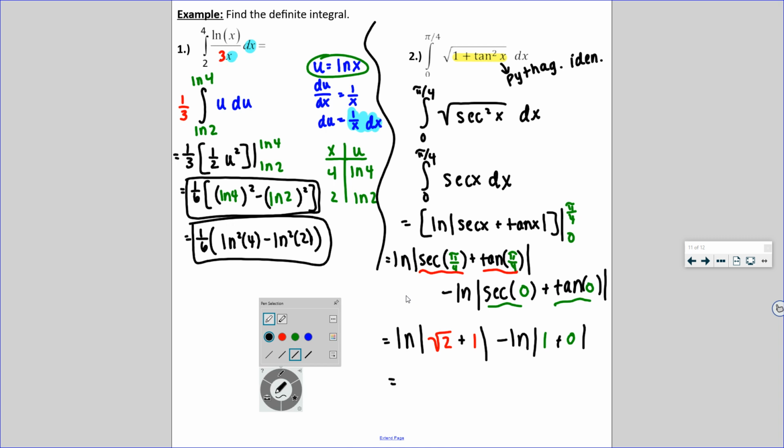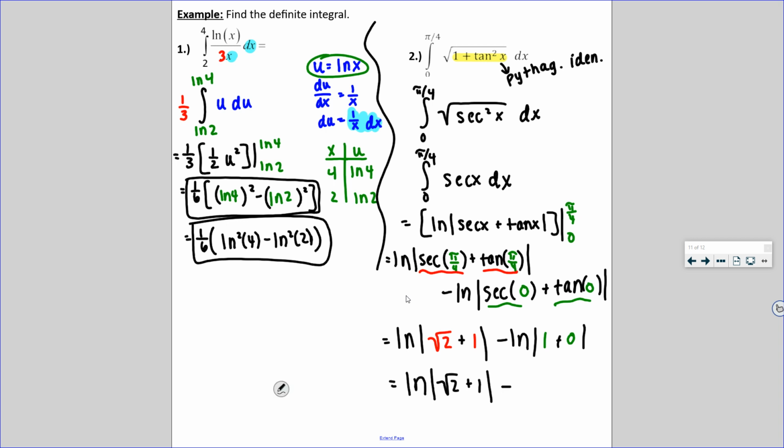So we would get the natural log of root 2 plus 1 minus the natural log of 1, which is just 0. So it actually just ends up being this. And we can drop these absolute values and replace them with parentheses if we want, because this number is going to be positive. The natural log of the square root of 2 plus 1. That would probably be how you see the answer expressed. You don't have to actually add those together.